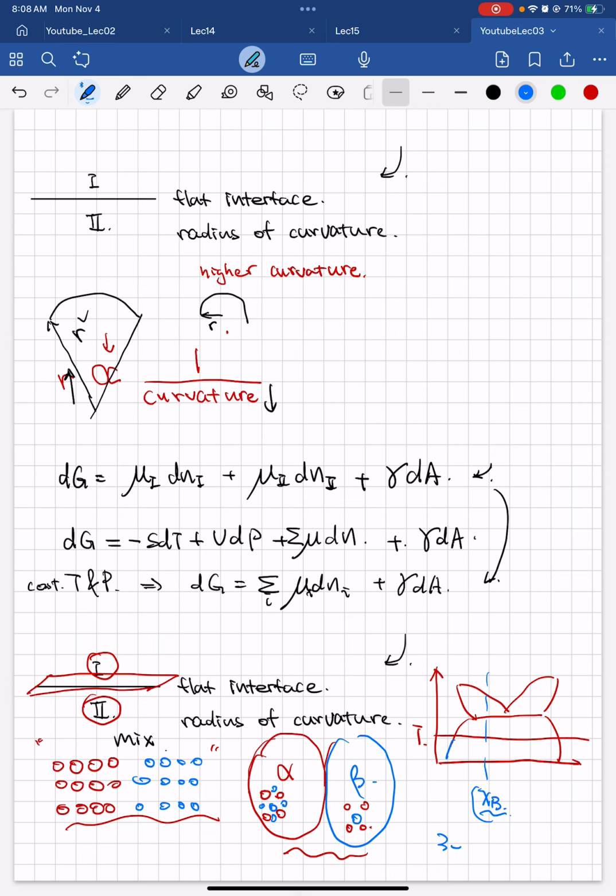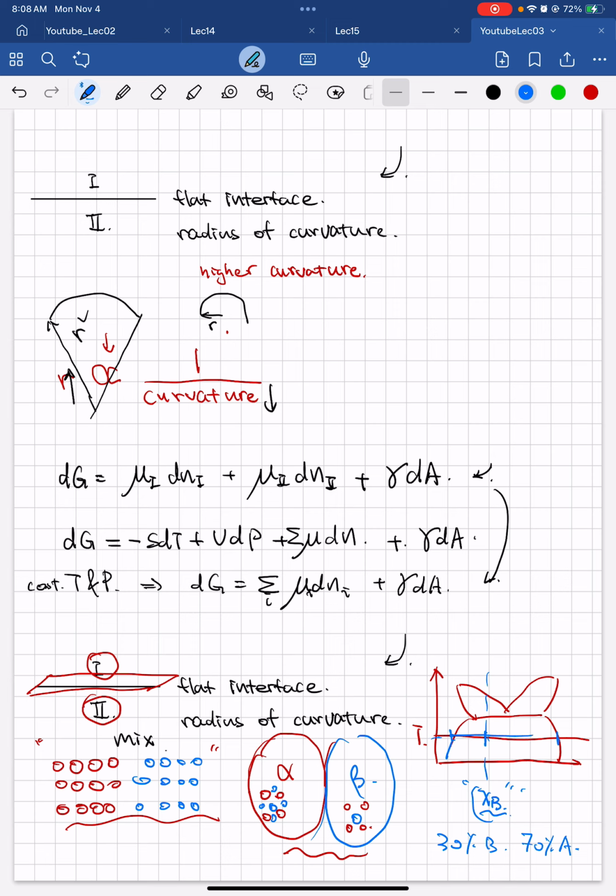Let's say you added 30% of B and 70% is A. This is what this point indicates. Then you can use the lever rule to calculate how much fraction of alpha phase and how much of beta phase is coexisting at this temperature.